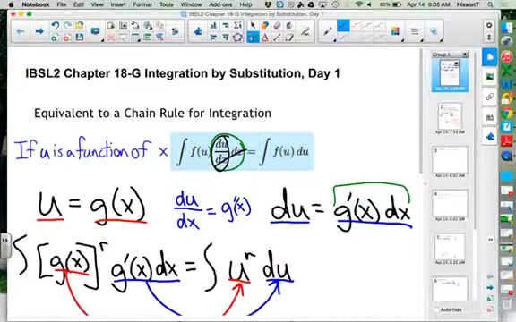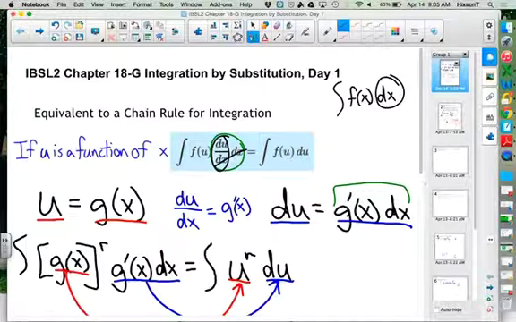Can you explain how the du's and dx's work together and why we need to get them to go away? Well, we need to get the dx's to go away so that we can integrate with respect to u. If you remember our basic notation, the integral of f of x dx, this is telling you what variable you're integrating with respect to.